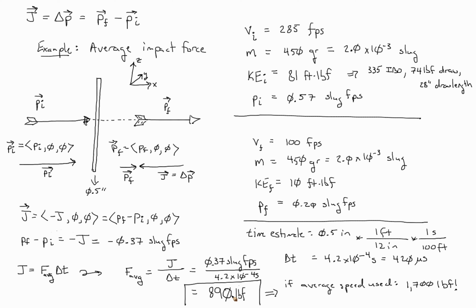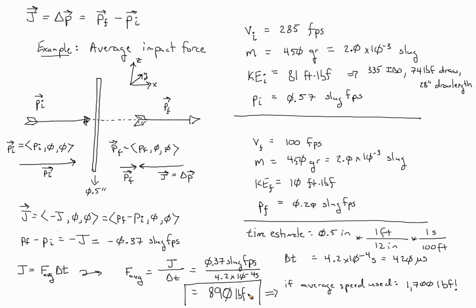So this is why arrows can break bone, and why they can punch through thin pieces of plywood and that kind of thing. You would never be able to do that with only 74 pounds of force. That's just not a big enough force to break a lot of this kind of stuff.